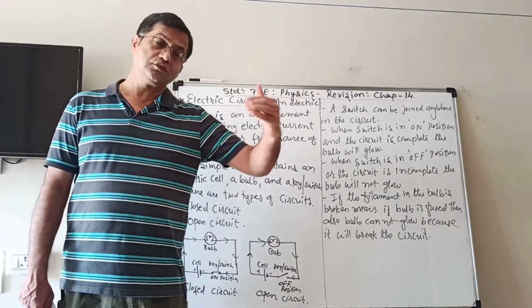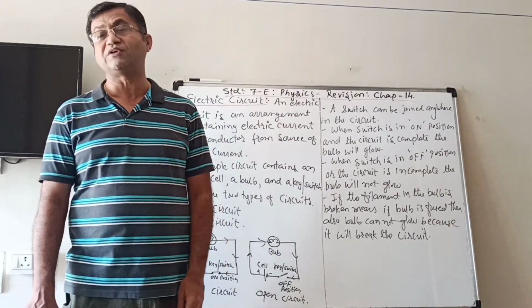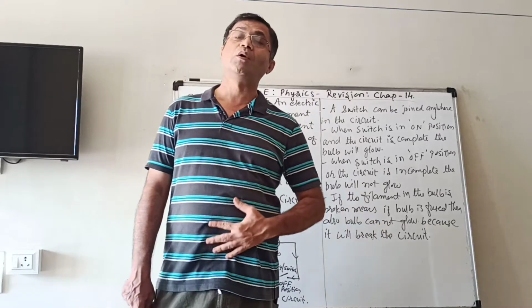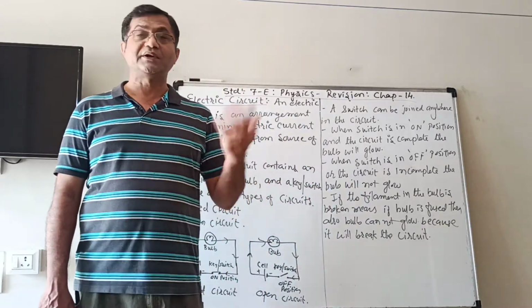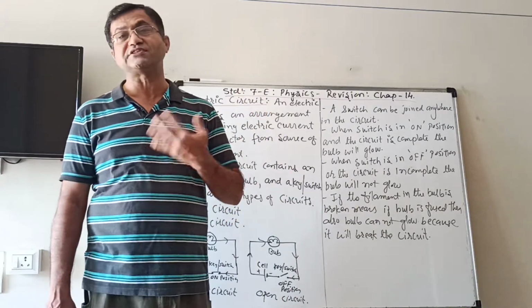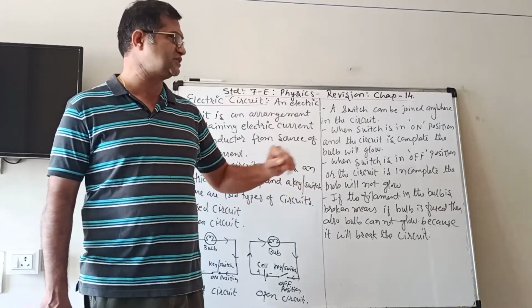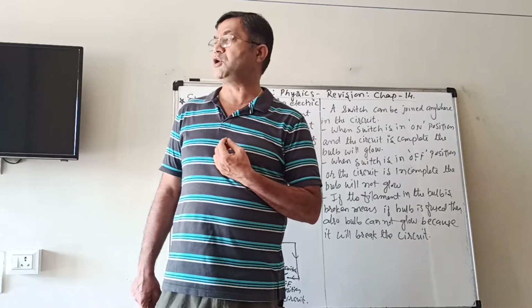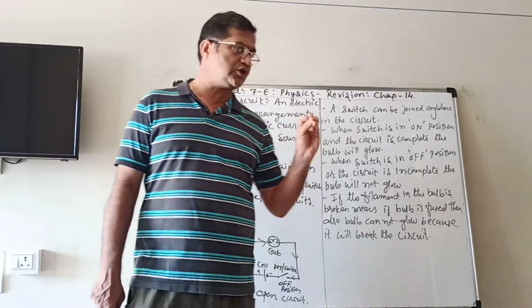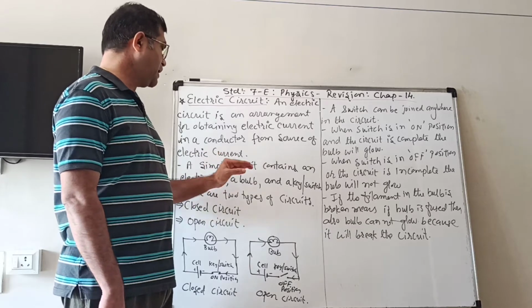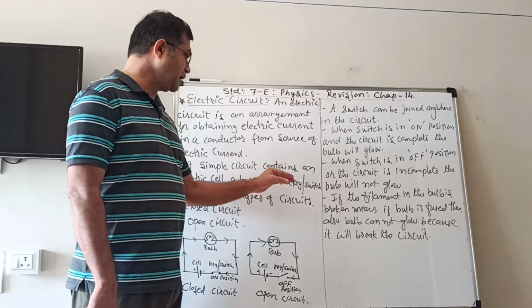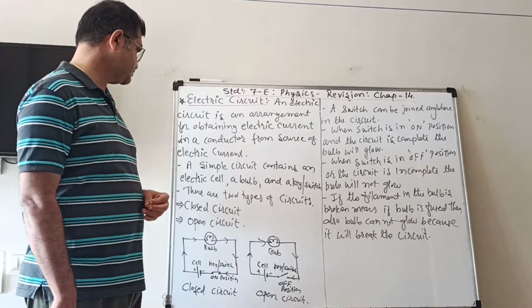But when you go to the higher standards, you will learn more about the circuits, different types of joints in our houses, etc. But this is the basic thing we have to learn now. So as I told you, the simple circuit contains an electric cell, a bulb, and a key or a switch.